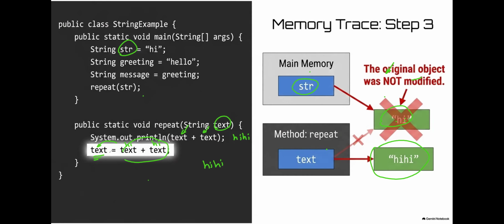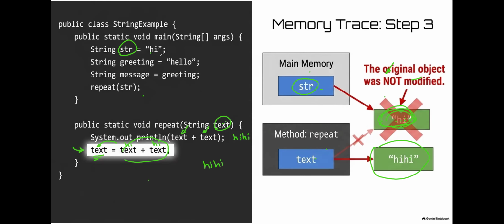When I try to assign a new value to the text variable that I have here, this text variable initially was pointing to the same value that is being pointed to by str. Both of them were pointing to the same place in the memory. But once I come to this line and try to assign a new value, I can't change hi.